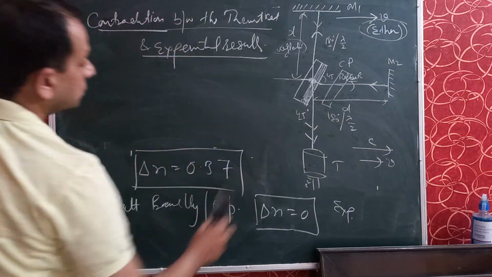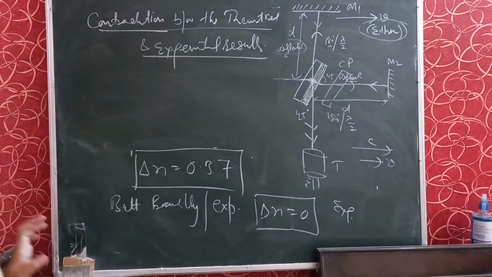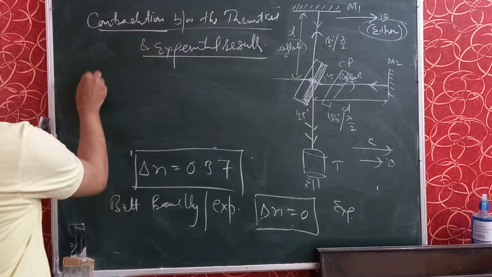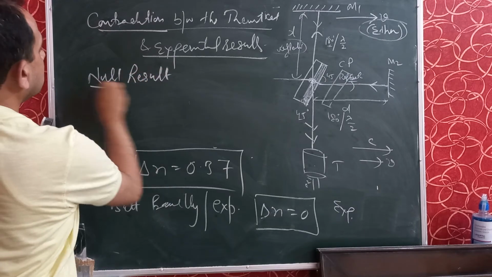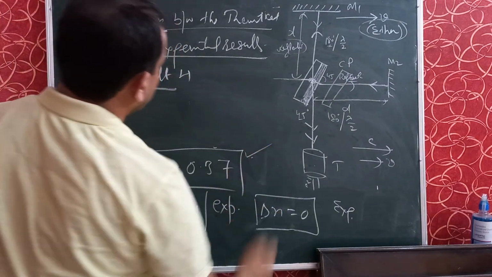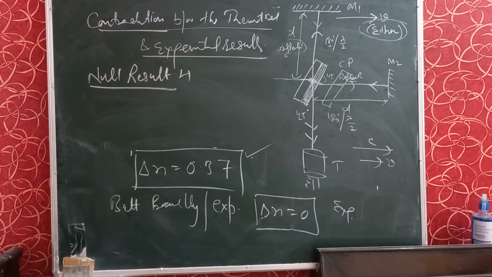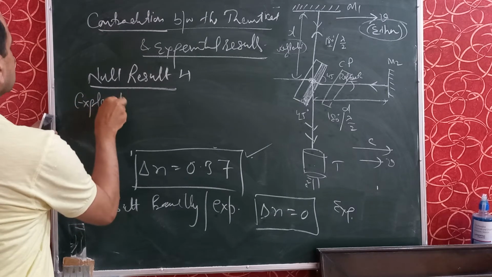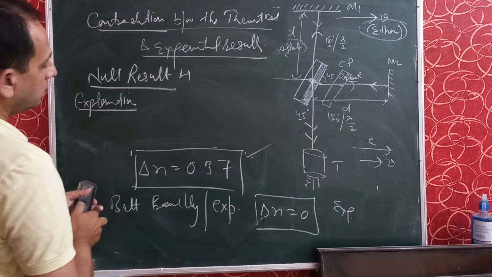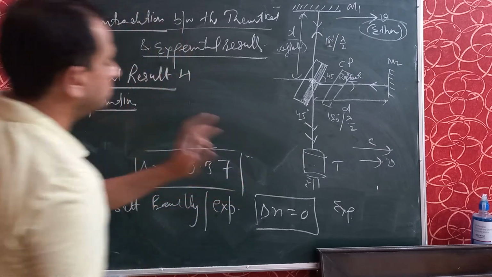So to prove the zero result, or null result, there are two explanations for proving this result should be 0.